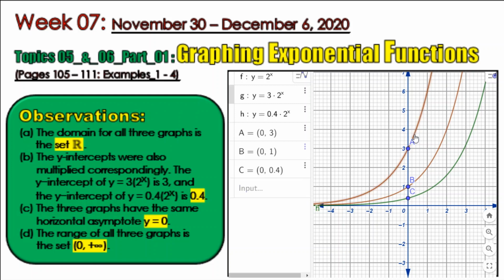Okay, so again, for this graph the y-intercept is 3. Again, if you can still remember, the definition of y-intercept is the value of your y when your x is 0. So it means to say that when your graph intersects your y-axis, immediately the value of your x becomes 0, and therefore the value of your y is what we call the y-intercept.